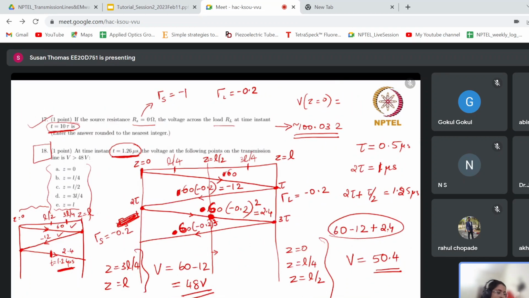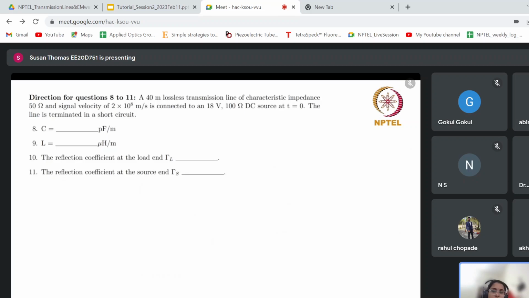So this was a question on the voltage bounce diagram. I hope you got the understanding of the voltage bounce diagram.